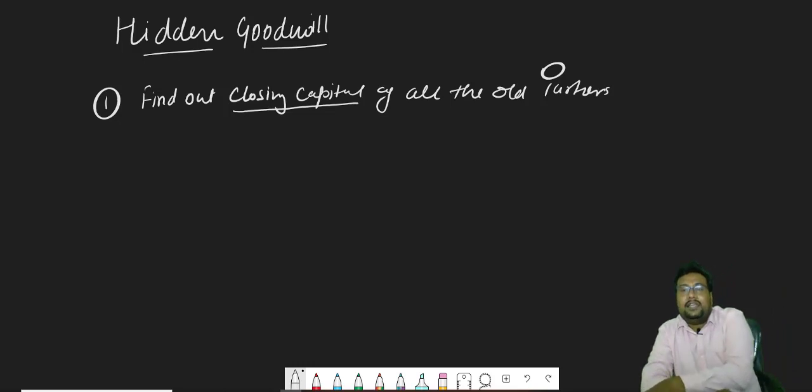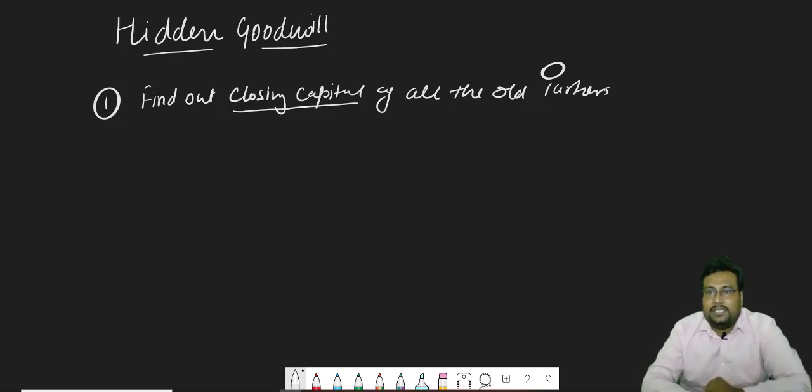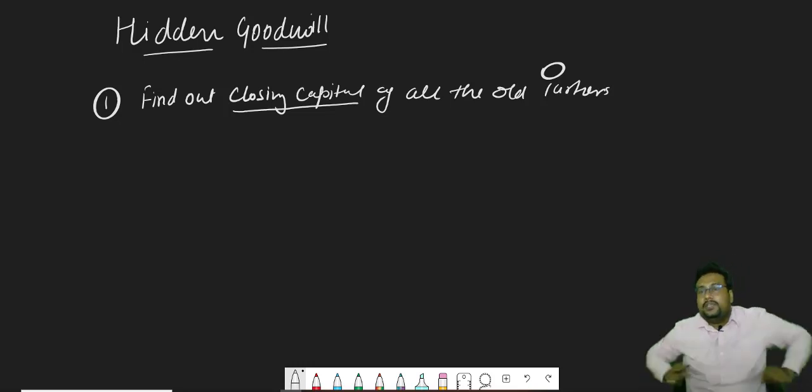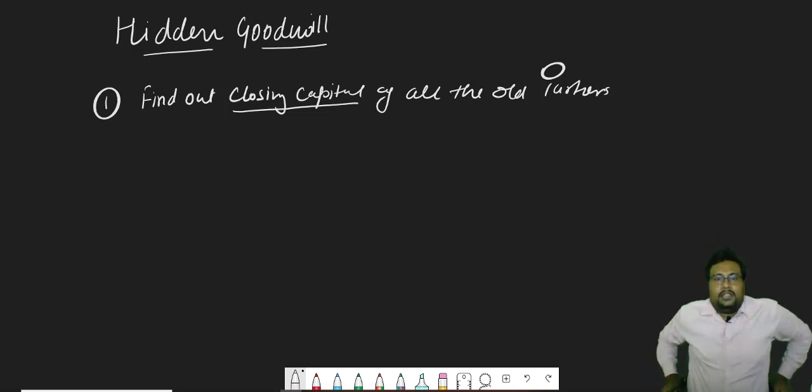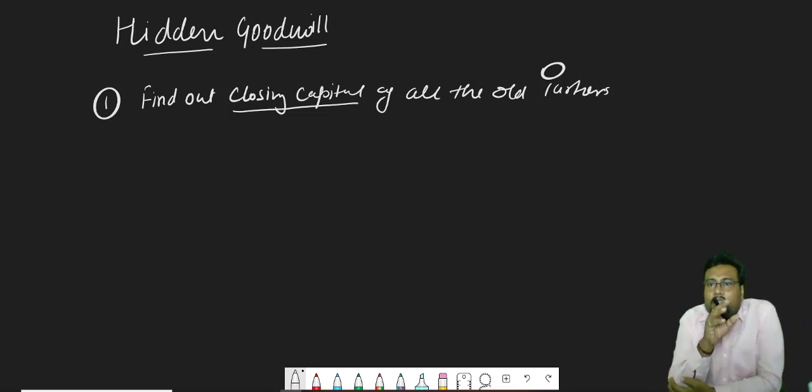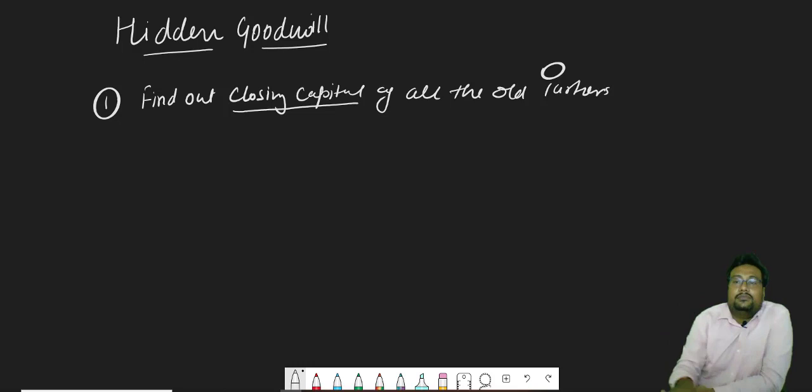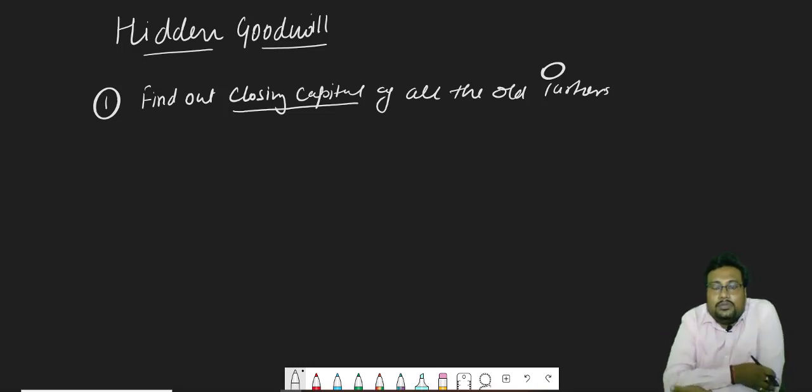After that, they get any appropriations, whether it is interest on capital, salary, commission, revaluation, profit and loss, anything. So after adjusting all, what balance is coming in partner's capital? After adjusting all, what capital remains on the date of admission. That is the closing capital.